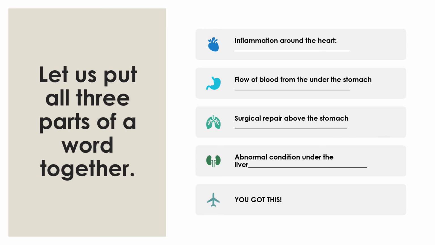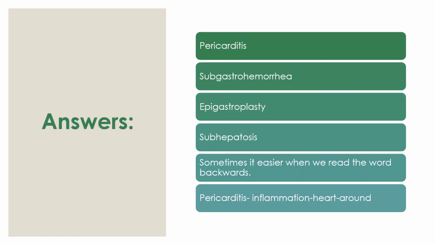Say it all together. Subhepatosis. It's pronunciation. It takes a while to work on it. Subhepatosis. Just the way you say things. You got this. And there's your answer. And if you look at number 2, once again, subgastrohematuria.